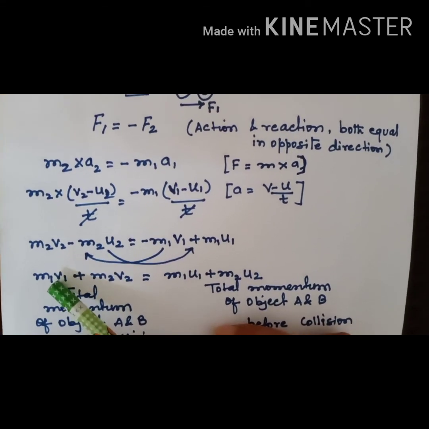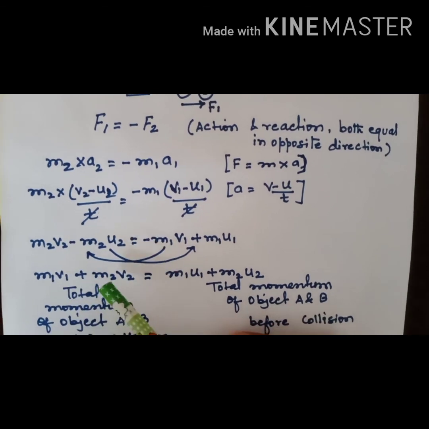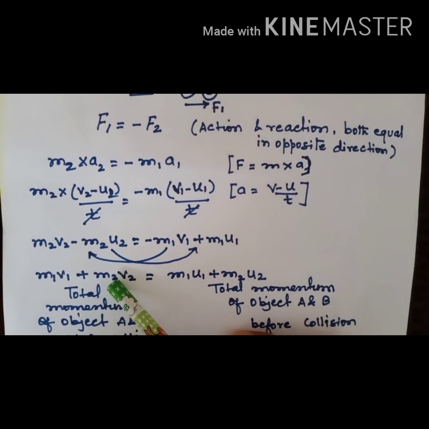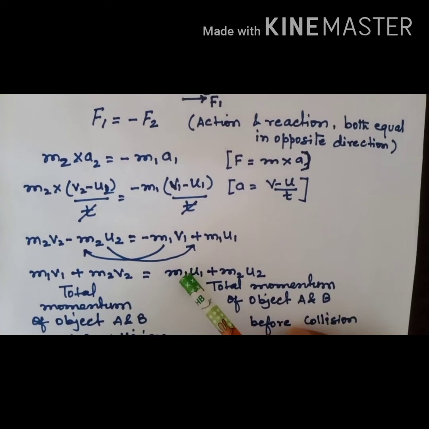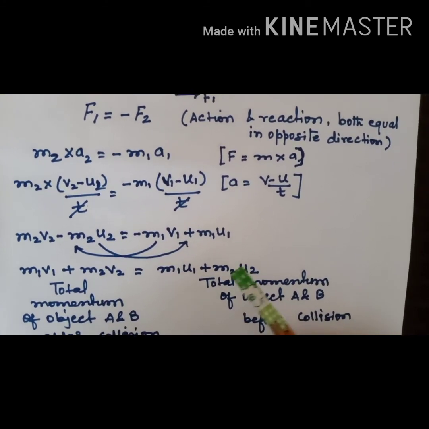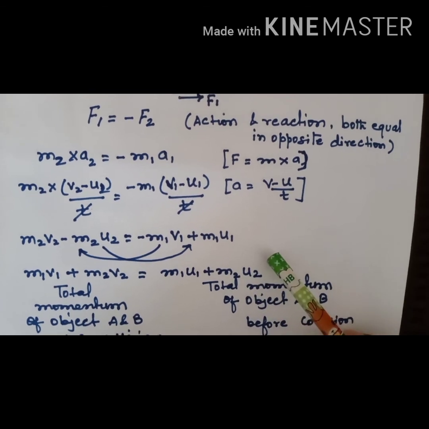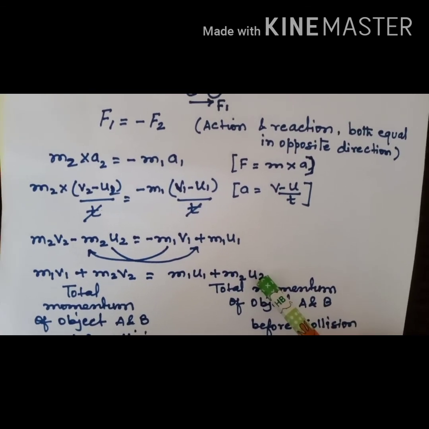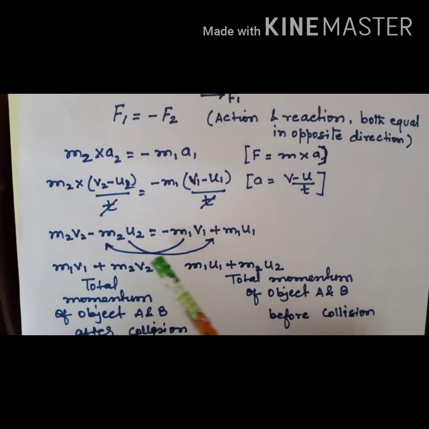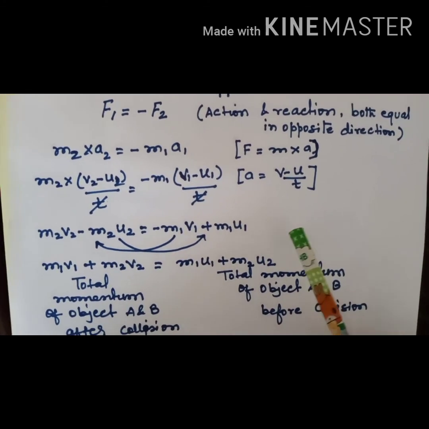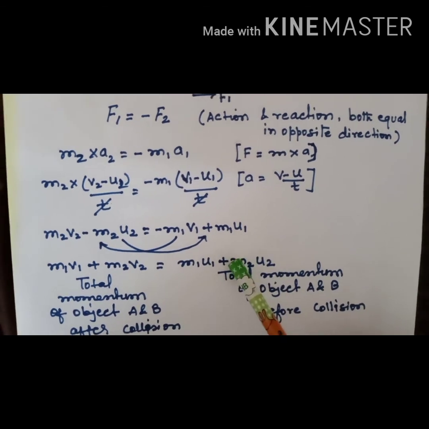So this is momentum for object A and this is momentum for object B after the collision, and this is momentum of object A and this is momentum of object B before collision. So total momentum after the collision is equal to total momentum before the collision.